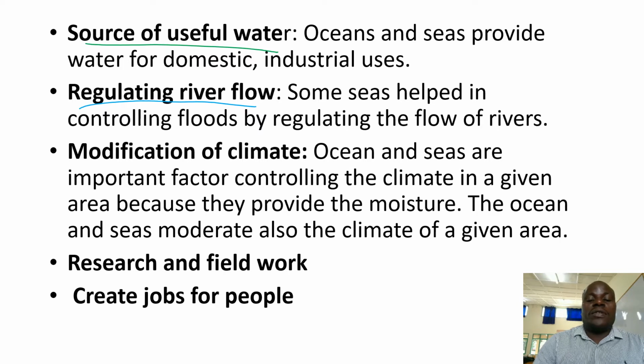That's where most of the rivers end, and this controls floods. Seas and oceans modify climate because they lead to the formation of convectional rainfall after evaporation. Seas and oceans promote research and fieldwork.